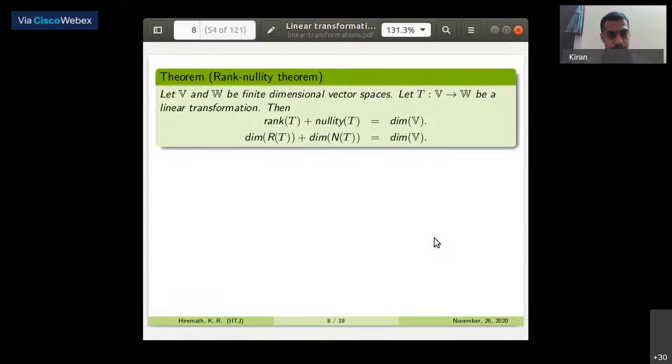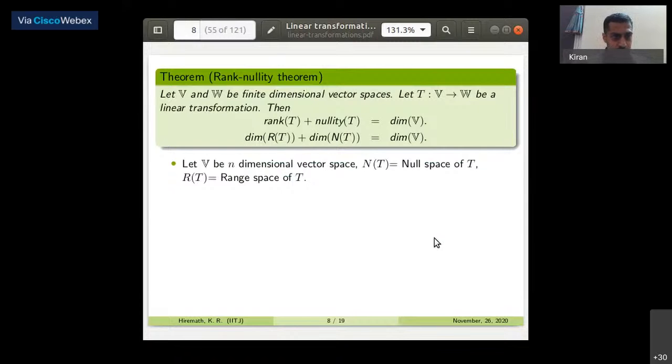Okay, so let's look at it. What is the setup? It's not a part of the given statement, but we have to start the construction. It's given that V is a finite dimensional vector space.